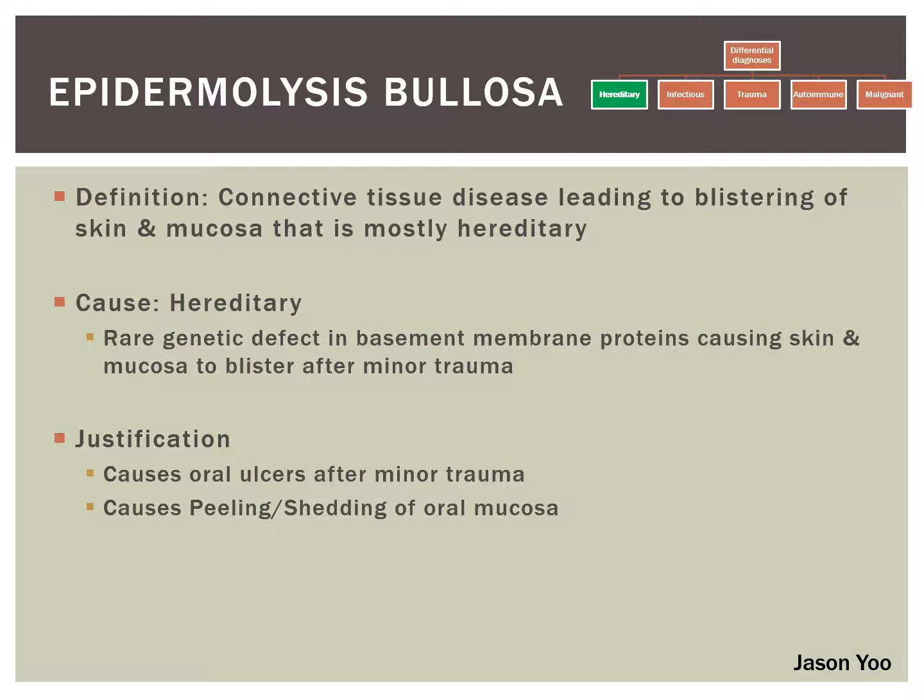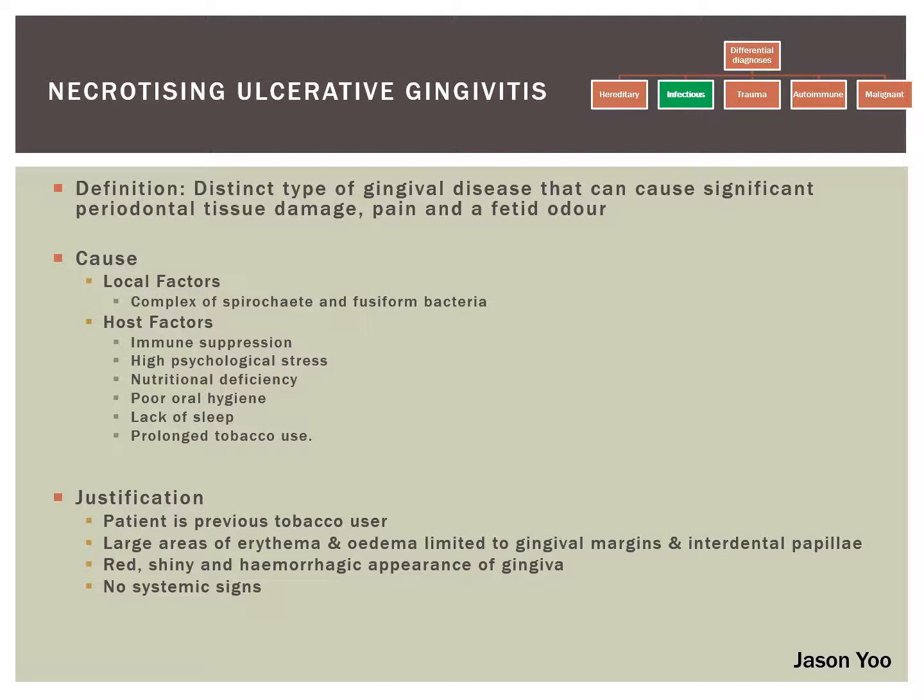Necrotizing ulcerative gingivitis, shortened to NUG, is a distinct type of gingival disease that can cause significant periodontal tissue damage, pain, and a fetid odor. A complex of spirochete and fusiform bacteria are thought to be responsible, as well as a variety of host factors. Our patient is a previous tobacco user, which predisposes them to NUG.